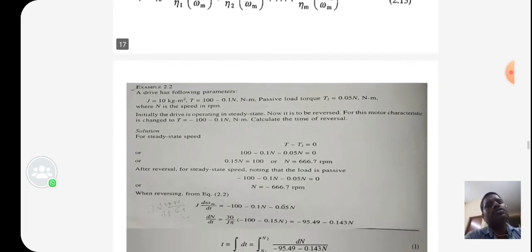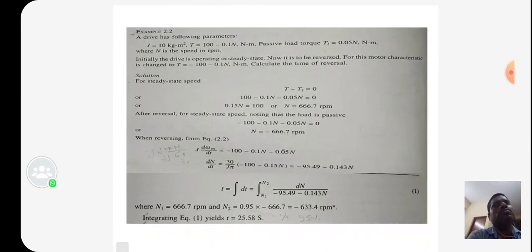Now on the basis of this we have to solve a numerical which is given here. The drive moment of inertia is 10 kg meter square, motor torque T is equal to 100 minus 0.1 n Newton meter. The passive load torque TL is equal to 0.05 n Newton meter, where n is the speed in RPM.